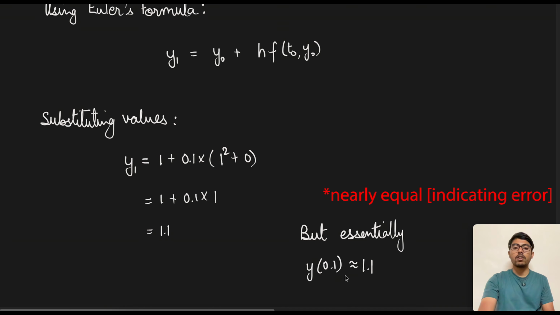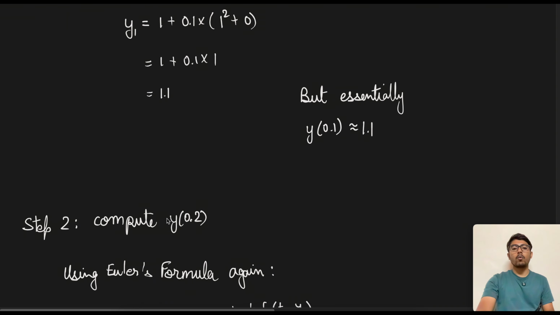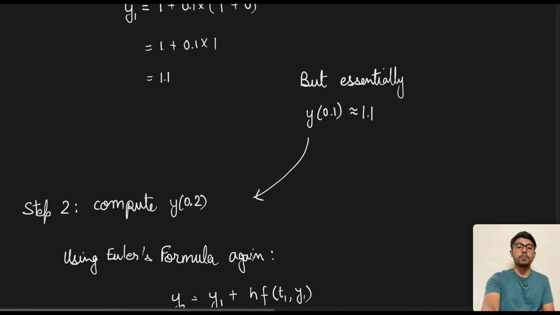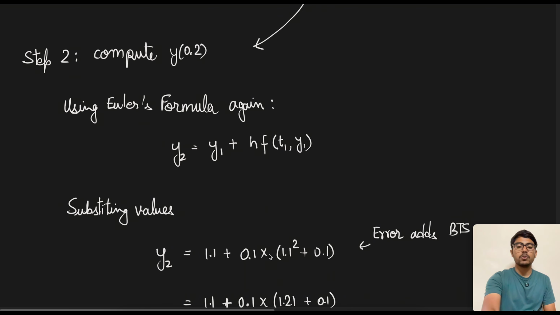Essentially, if we look at it, t equals 0.1, right? y of 0.1 was equal to 1.1. Now we compute y of 0.2, but here we'll use this particular value. Using the Euler formula, again we get y2 equals y1 plus h times the function itself. We substitute the values.